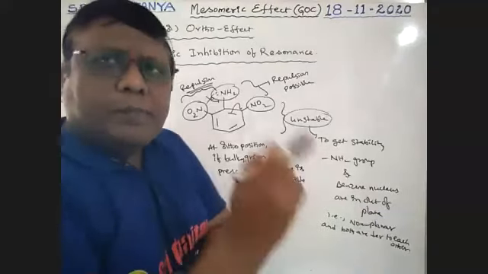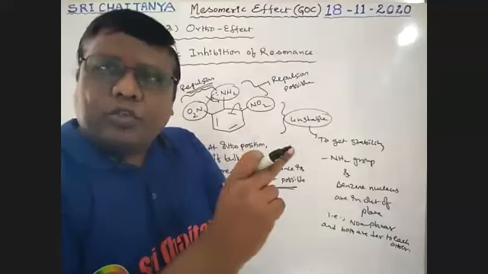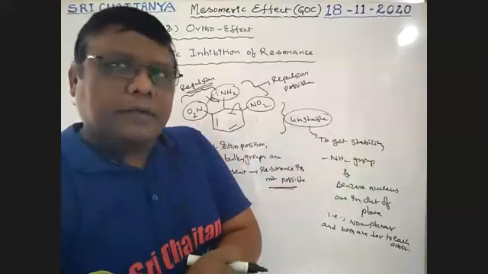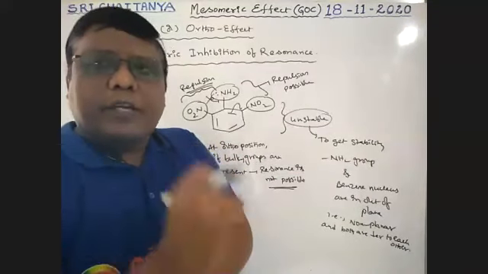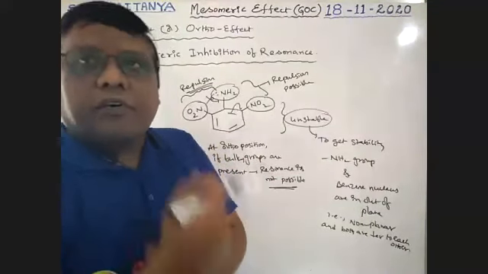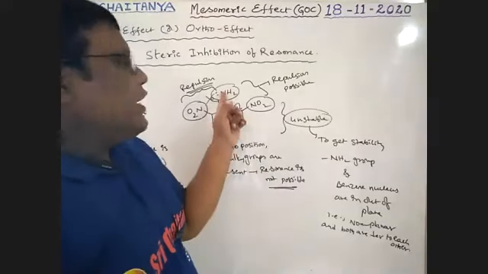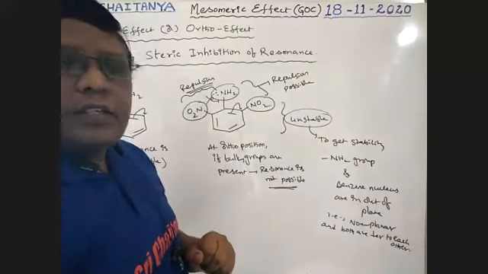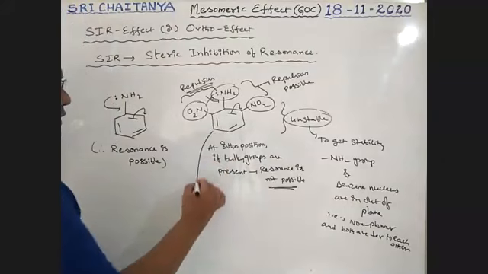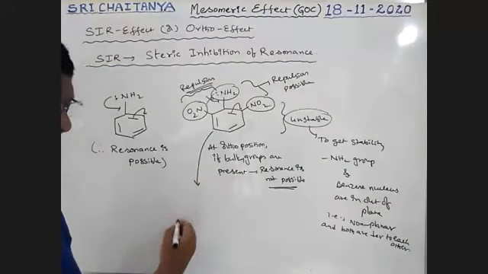To get resonance, planarity must exist. Now the NH2 group and benzene ring are not in the same plane. Therefore this NH2 group is not in resonance. That is why I am writing the structure like this.